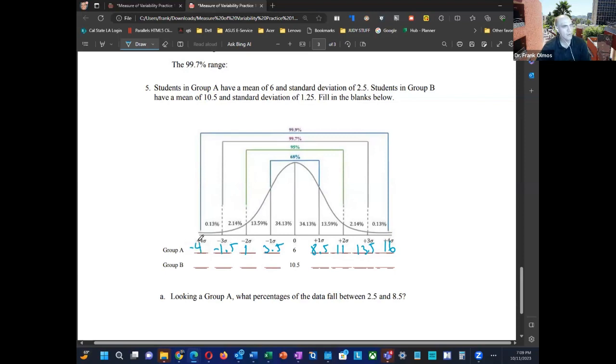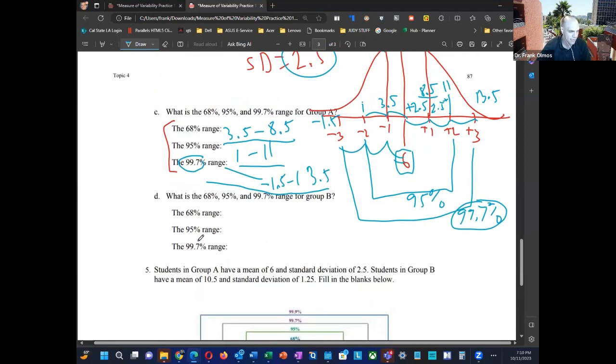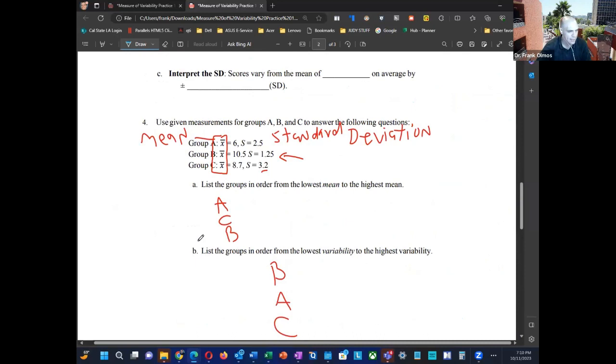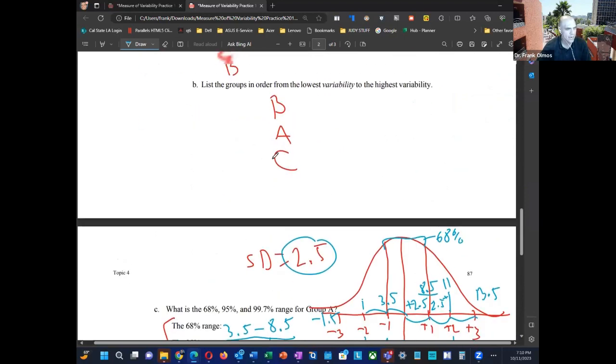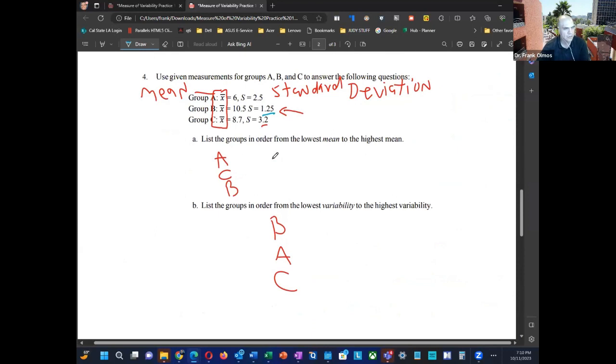Okay, so group B has a different mean and different standard deviation. It's not always 2.5, okay? So don't get confused. Group B has a standard deviation of 1.25. So I'm going to add 1.25 to go to the upper end and subtract 1.25 on the bottom end.